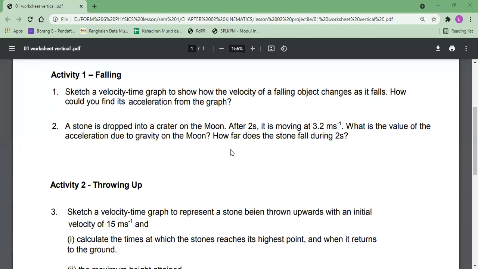Now we look at here. Sketch a velocity-time graph to show how the velocity of a falling object changes as it falls. And how could you find its acceleration from the graph?